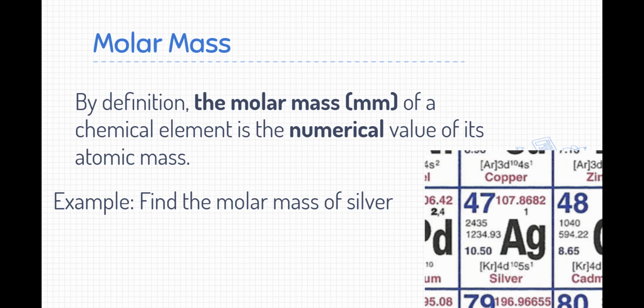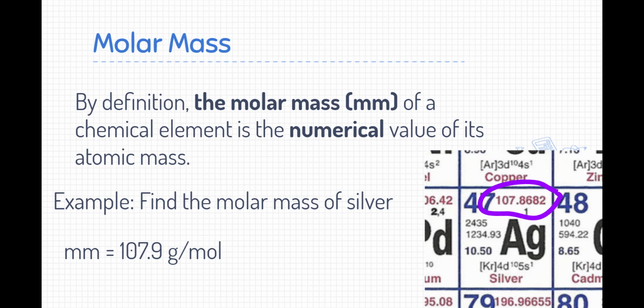So even if you have a value like this one, 107.8682, we're going to round it to 1 decimal. So the molar mass of silver is 107.9 grams per mole.